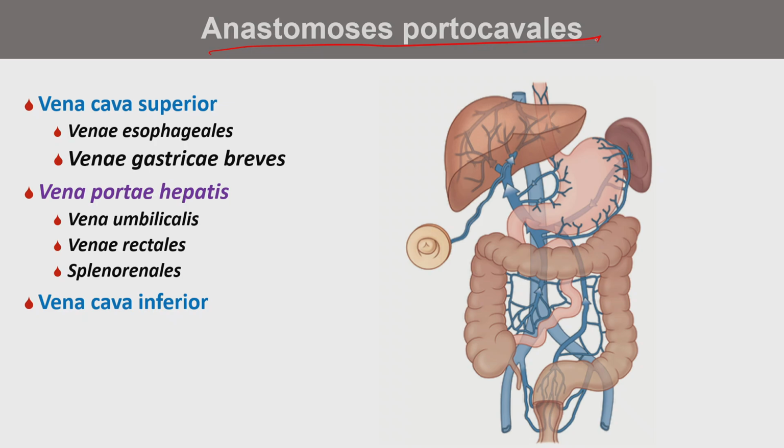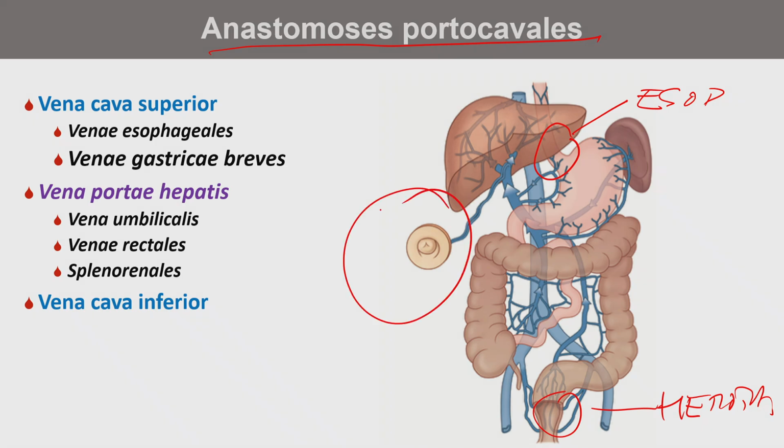Those portocaval anastomoses are here in the esophagus, in the hemorrhoidal plexus, and also because of high pressure this vein, which is called the umbilical vein, is reopened. The umbilical vein then is draining the blood into the region of the umbilicus, and in the umbilical region we could see something which is called caput medusae.